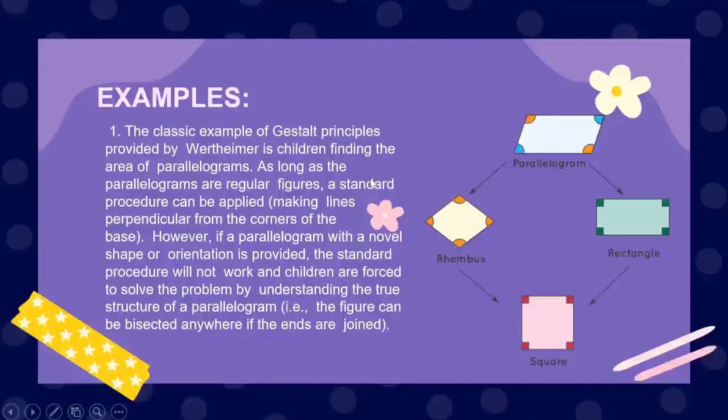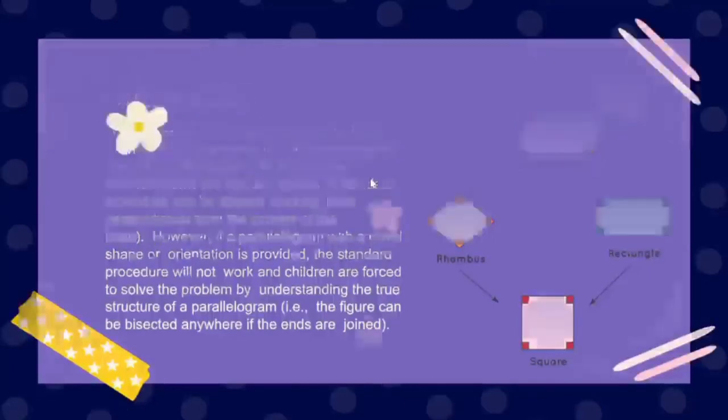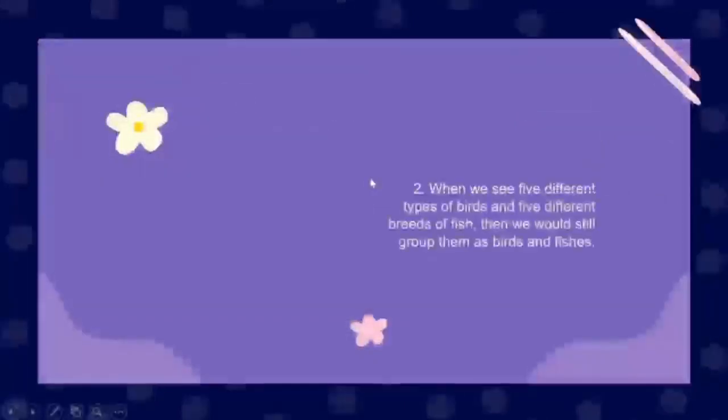However, if a parallelogram with a novel shape or orientation is provided, the standard procedure will not work and children are forced to solve the problem by understanding the true structure of the parallelogram, as you can see in the diagram. Take a look. The children will really think about how to solve it, and they must understand it. Okay? Let's go to example number 2.